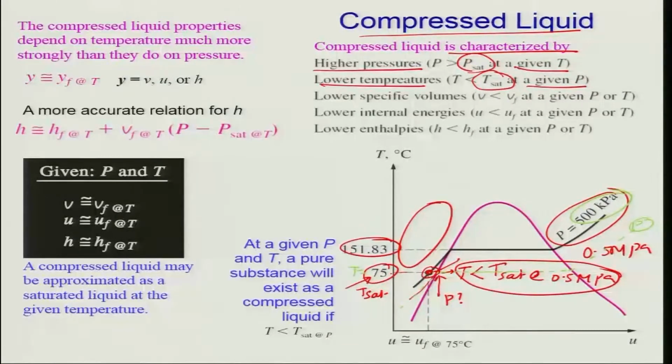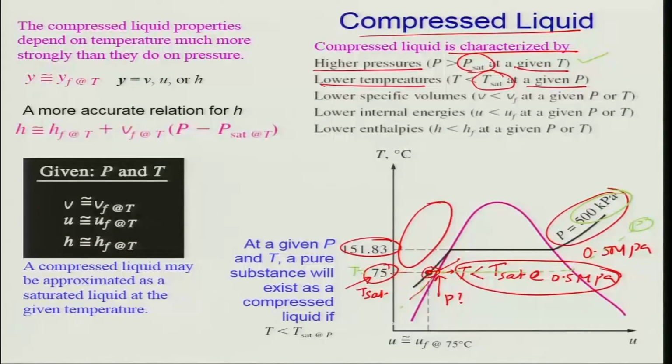So the pressure here is greater than P_sat, because this will be the P_sat for this particular point which we are talking about. So this will be the condition for compressed liquid: the pressure of the system should be greater than P_sat at any given temperature, and the temperature should be less than the T_sat at any given pressure.